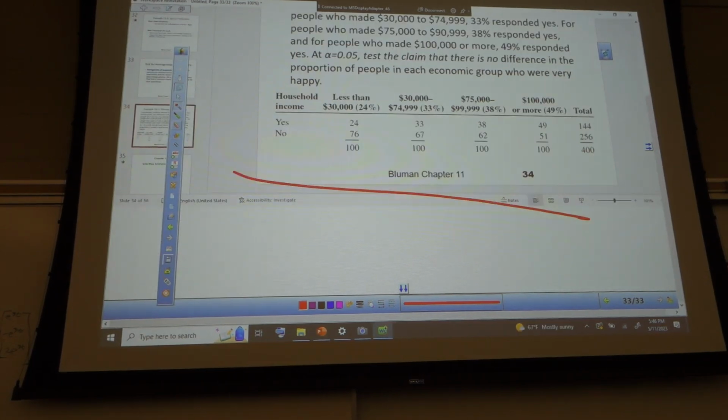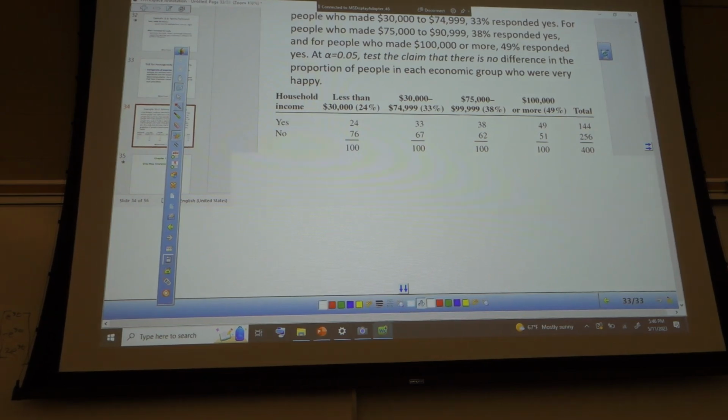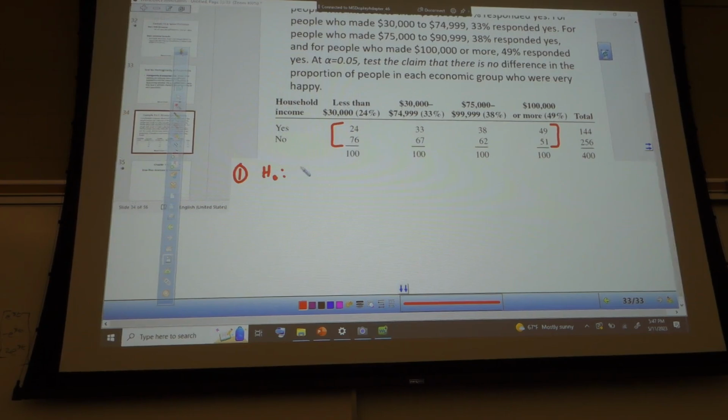What is our step one? Oh, let me go ahead and put the brackets around here. That's always good. All right, so step one, how about Austin, what's your step one? Would it be like O subscript I equals E subscript I, and then H1 isn't it always like O subscript I is not equal to E subscript I?